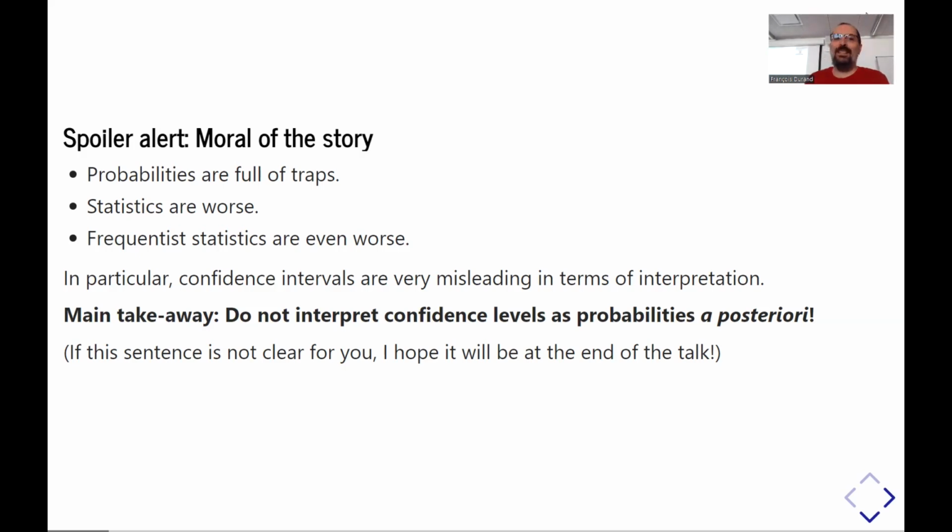And it's very easy to say wrong things about the interpretation of a confidence interval. In particular, they shouldn't be interpreted as probabilities a posteriori. And if you don't understand what I mean for the moment, I hope that you will understand at the end of the talk.